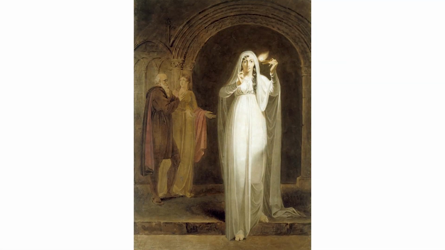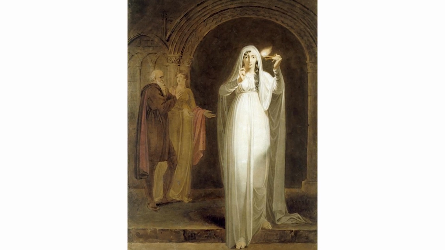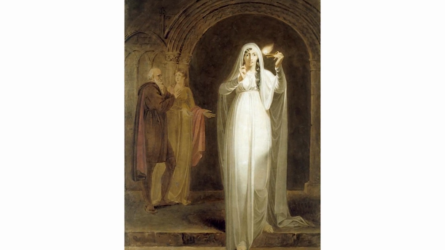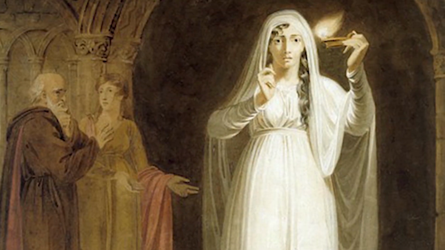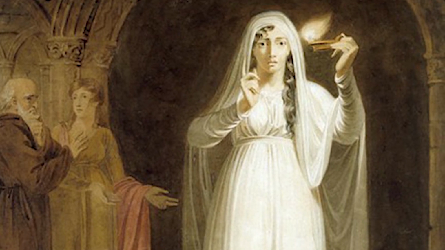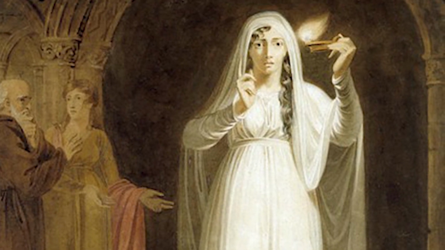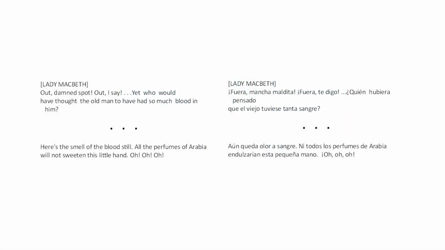Though she has said that "a little water clears us of this deed," she is perpetually haunted by her guilt. And by the end of the play, she walks in her sleep every night, carrying a lighted candle because of her fear of the darkness, and trying to wash from her hands the remainder of Duncan's blood, which she imagines. "Out, damned spot, out, I say."